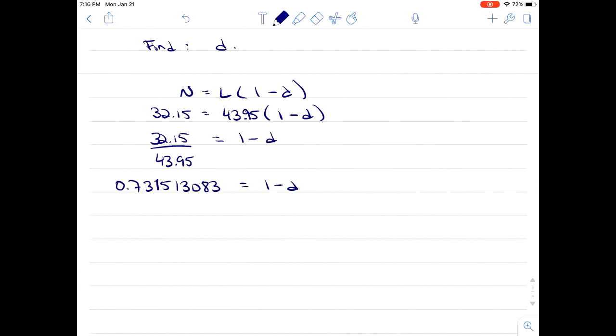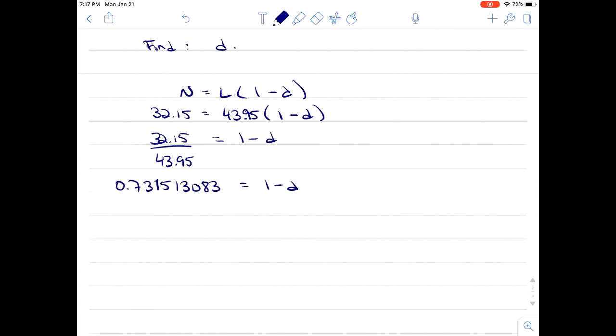Store in 1, for example. It won't do anything. But now if you clear it, then if you hit recall, so RCL, recall 1, it'll pull that number back up for you. So now I've stored it in 1 and I've got that number in there.